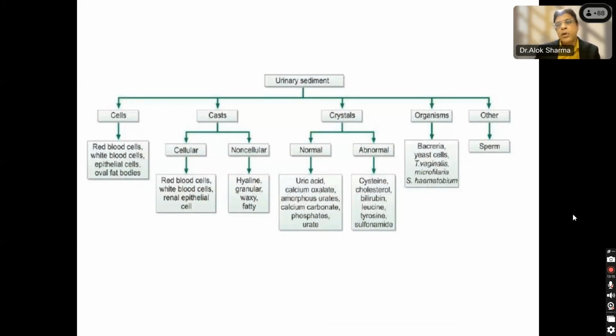Most histology and hematology laboratories will have these stains readily available. You don't have to buy anything extra. You can just prepare a stock solution and quickly do these stains as and when the samples come.